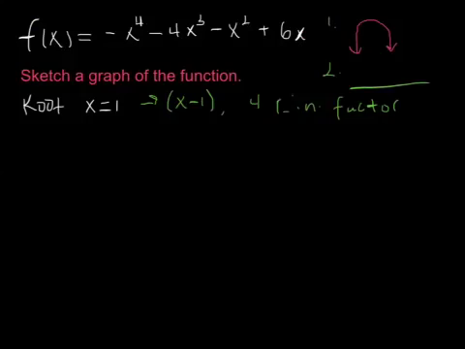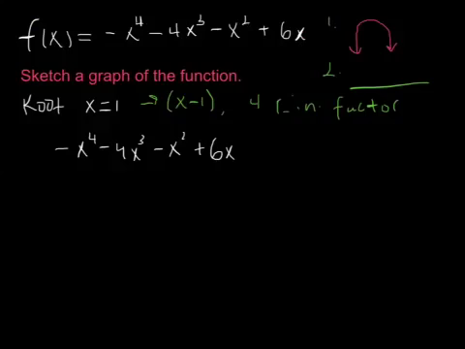So let's write down what it is that we're dealing with so that we can solve for what we're looking for. I have my function, negative x to the fourth minus 4x to the third minus x squared plus 6x.